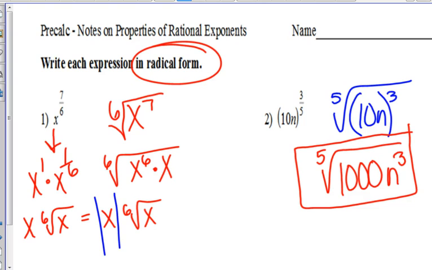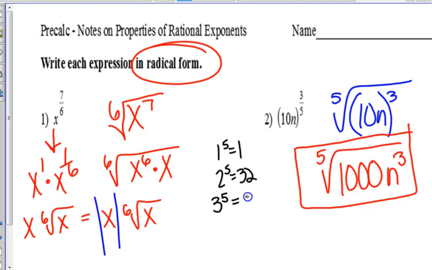Now, I don't want to confuse you. This does not simplify. But if you were checking whether it simplified, you would have to do fifth root. So 1 to the fifth is 1, 2 to the fifth is 32. Does 32 divide into 1,000? 3 to the fifth, I might need help. 243?